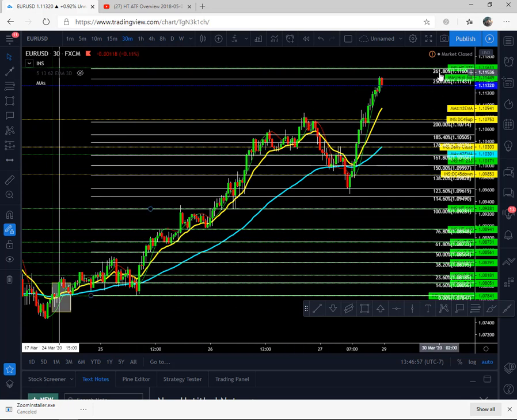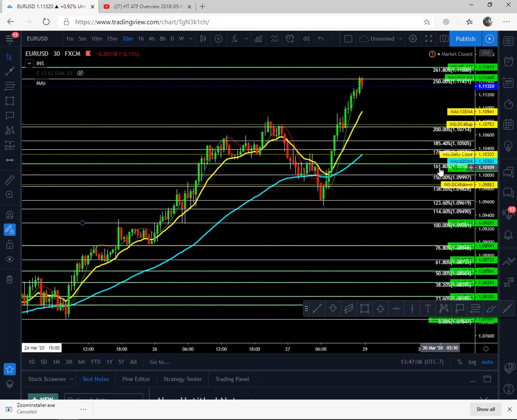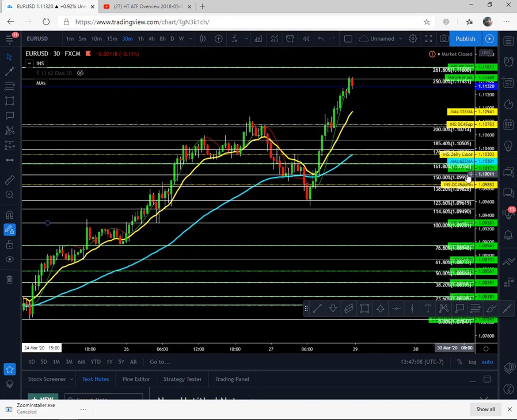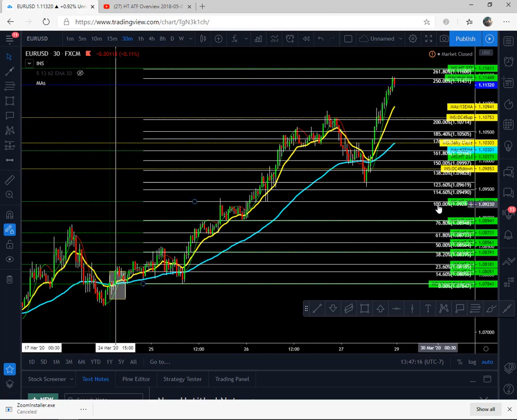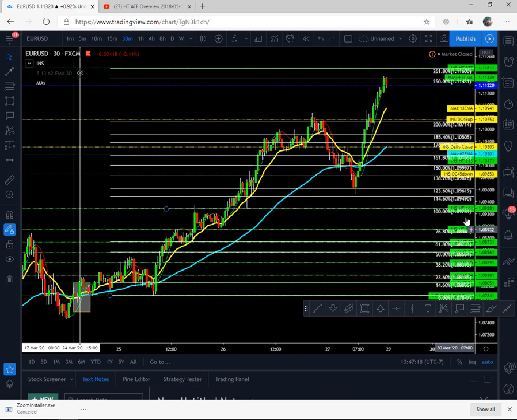So the 261 fib level is the 377. The 161.8 is the 233 harmonic target. The 100% that I was telling you about is the 144 harmonic target, and so forth.